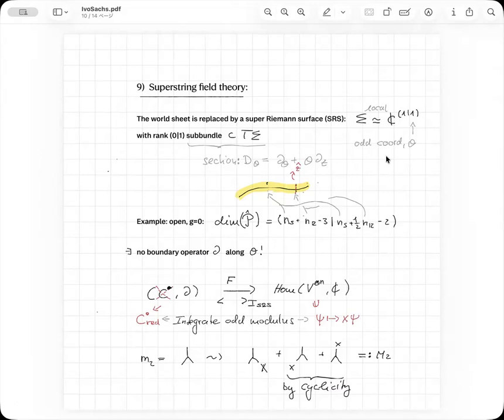Now, the problem that we face is we don't really have a chain decomposition of this space, because it's related to the fact that it's not geometric, it's algebro-geometric. So we don't really have a boundary operator. Remember, we said that we can have a vertex in the bosonic case, and then the boundary of this vertex, when all the circles were exactly equal to 2π, should glue onto some other gluing of two other vertices.